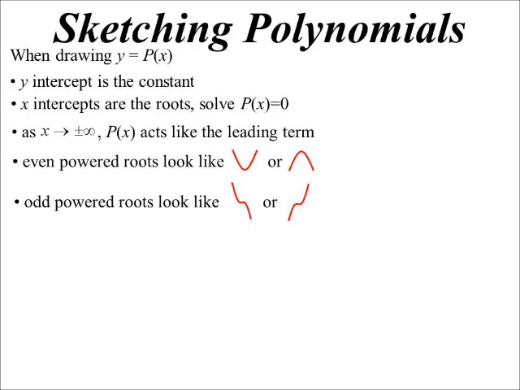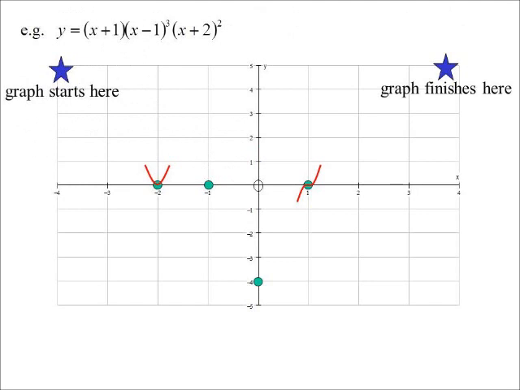Odd ones will also have that inflecting shape, other than the power of 1, of course, that'll cut through like a straight line. So we've got an odd one over there at +1. Now we know it finishes up here, so it must inflect like that. All right, I know where it starts, I know where it finishes, I know its y-intercept.